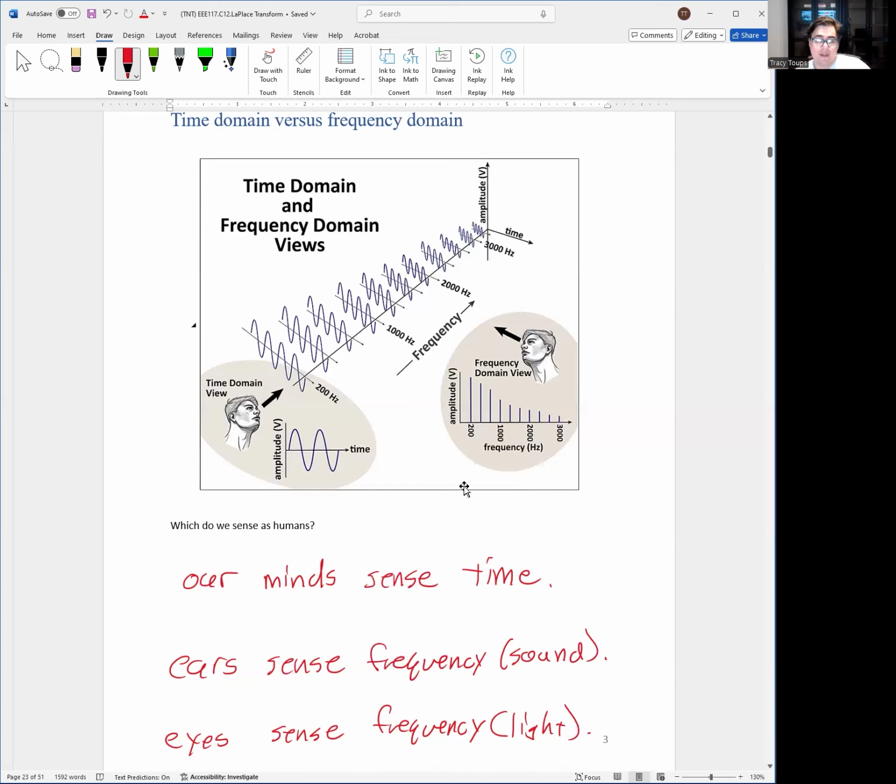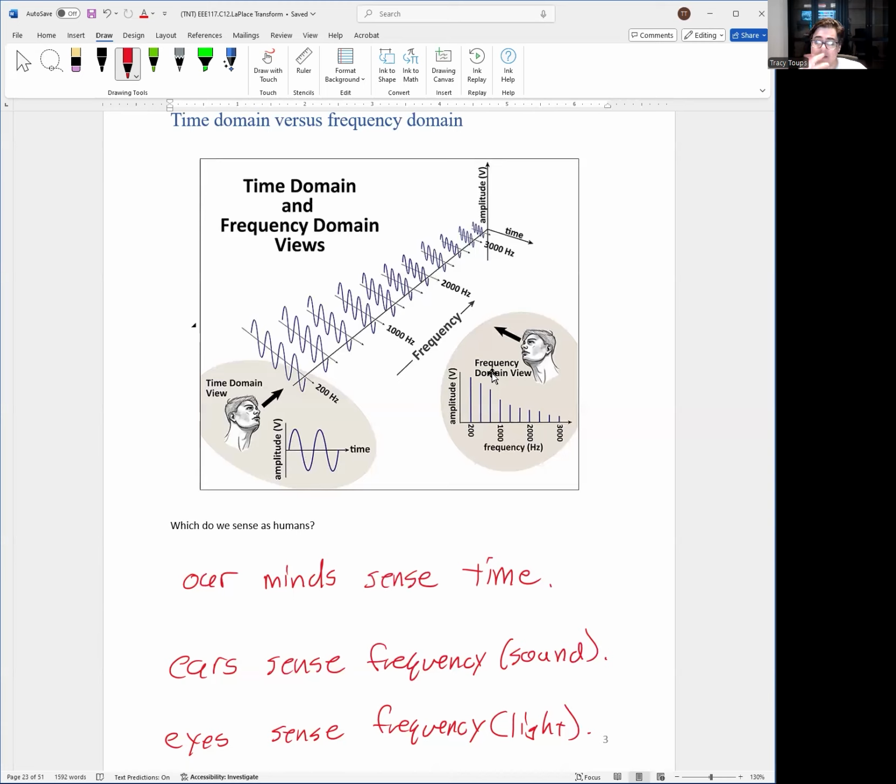Okay. Now, as humans, how do we sense frequency? It's harder for our brains to sense frequency, but our eyes and ears are programmed by nature to sense frequency. What is sound? Sound is nothing but frequency variations of the molecules moving in air.